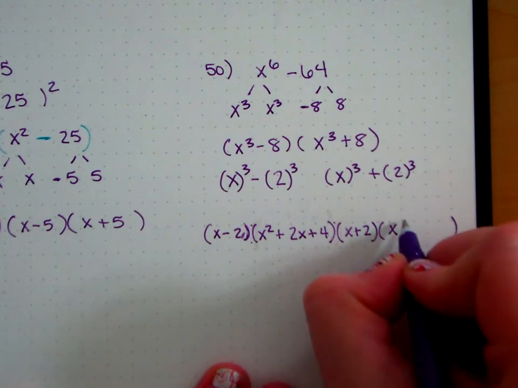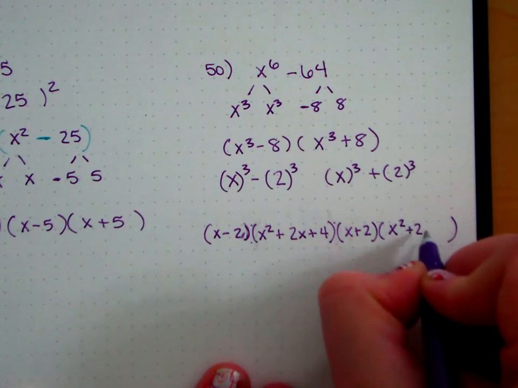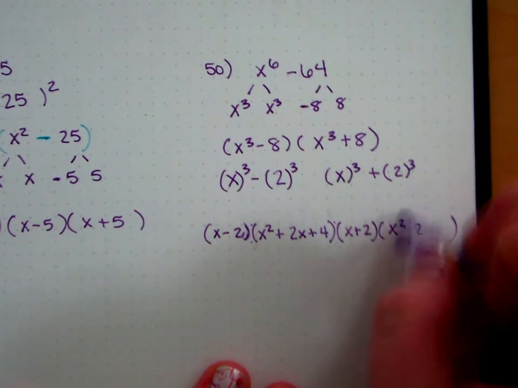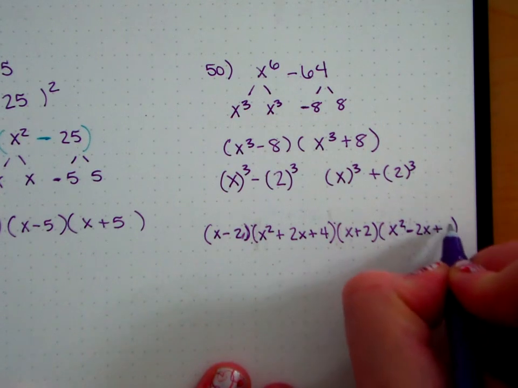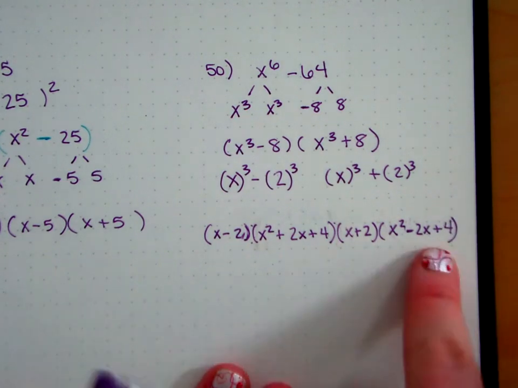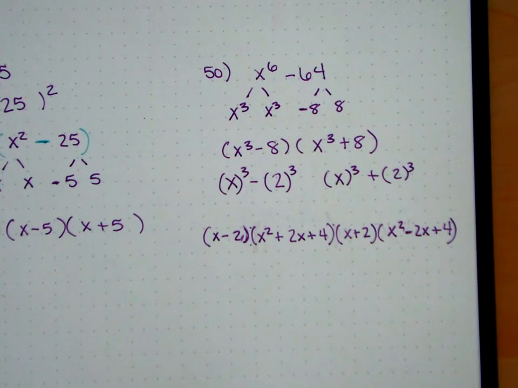X plus 2, x squared plus 2, oops, that should be a minus, I apologize, minus 2x plus 4. And that is the factored form of x to the 6 minus 64.